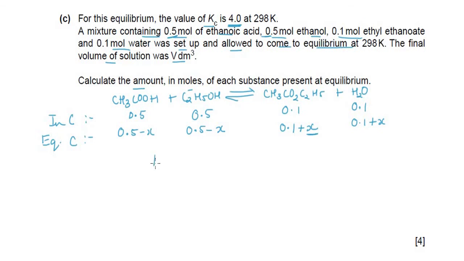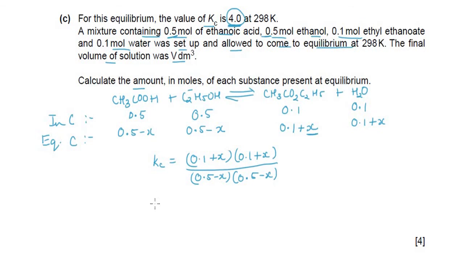Substituting all these values in the Kc expression will give us 0.1 plus x multiplied by again 0.1 plus x, divided by the reactants, that is 0.5 minus x, again multiplied by 0.5 minus x, and we know that the value of Kc is 4, which is given in the question here.